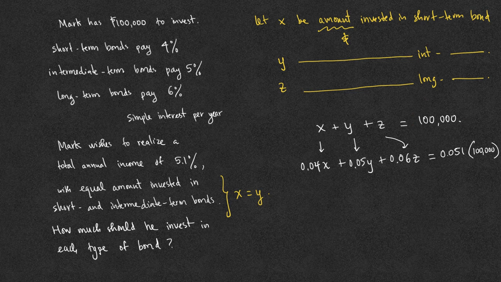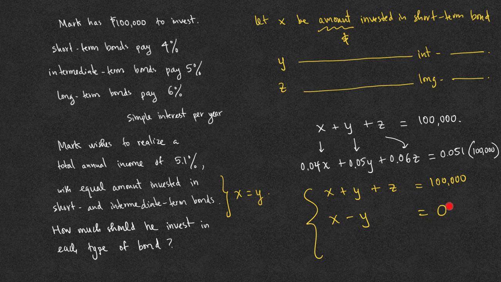Simplifying this, we have three equations. The first equation is X plus Y plus Z equals 100,000. And the second equation is actually X minus Y equals 0. Because if X equals Y, then X minus Y is 0. This gives us one equation.